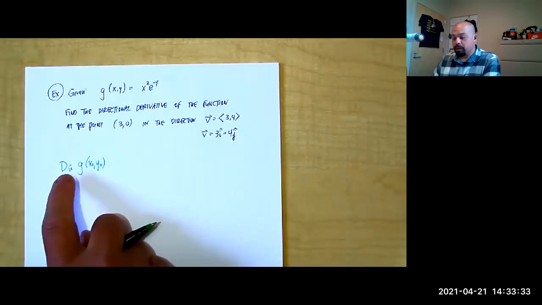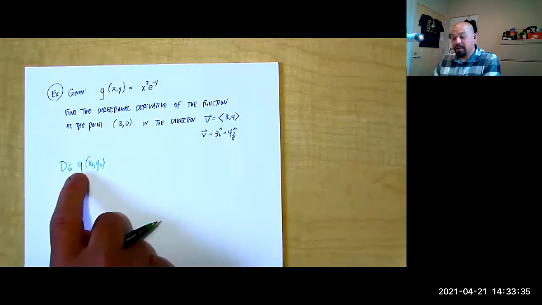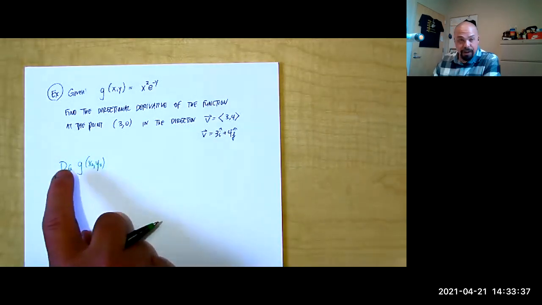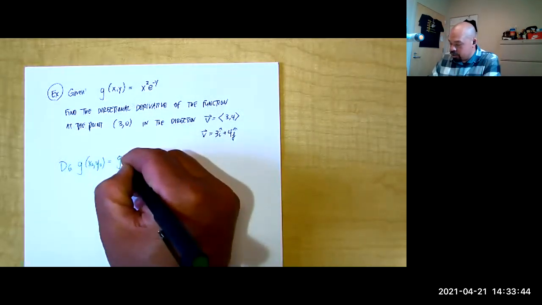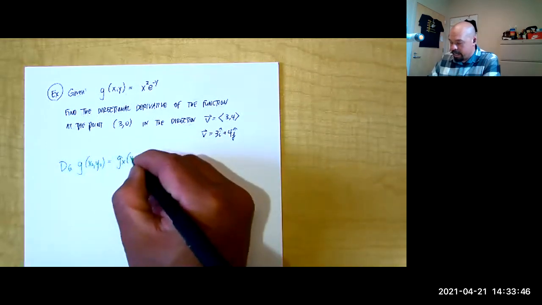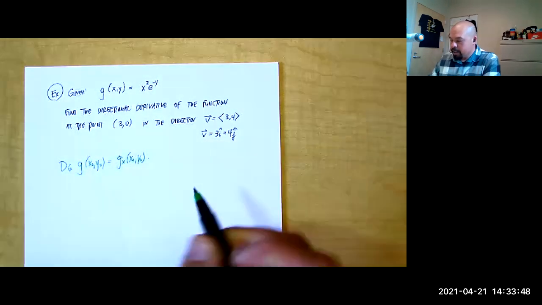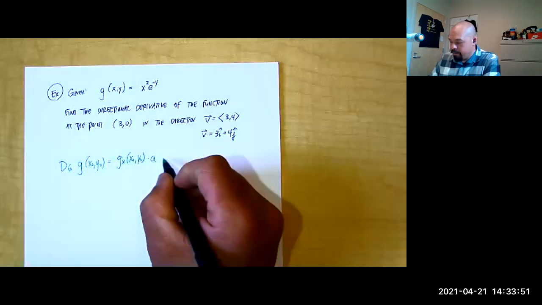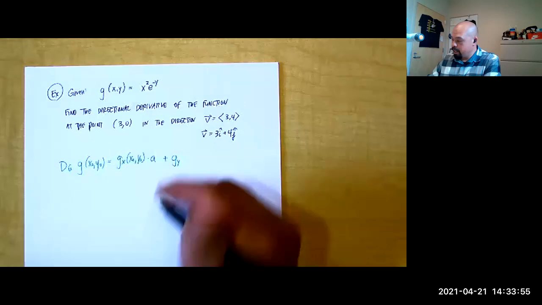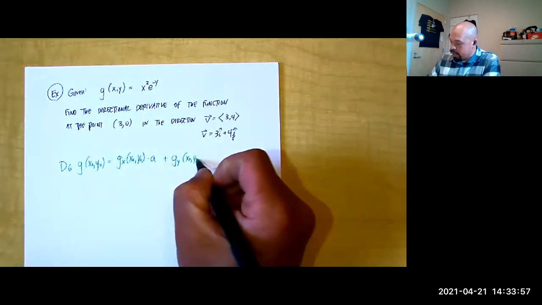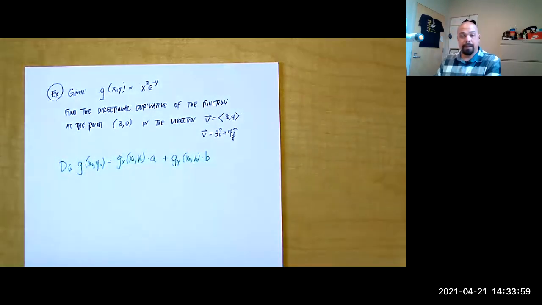So the directional derivative, the derivative of this function g in the direction of u at this point, x naught, y naught, that's going to be our partial of g with respect to x, evaluated at x naught, y naught, times a, plus g sub y, the partial of g with respect to y, at x naught, y naught, multiplied by b. That's what we're going to be plugging into at the end.